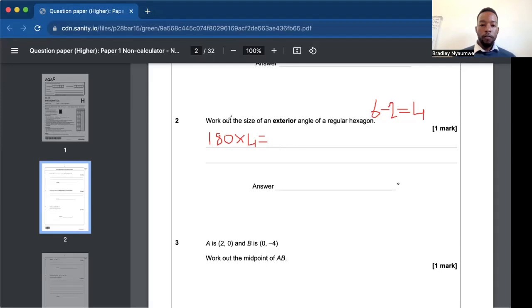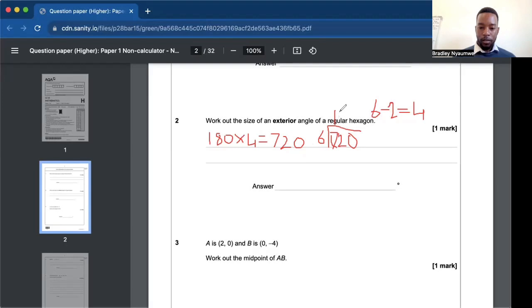So 400 plus 320 is 720. So that is the sum of the interior angles of the hexagon. So now what we're going to do is divide 720 by 6 to get one of the interior angles. So that is 1, cross that out.